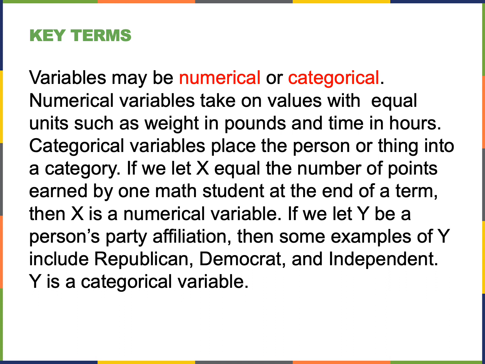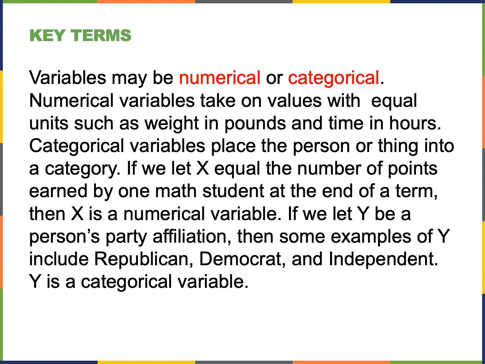Variables can be either numerical or categorical. So this is important. Their definition is in the name, right? Numerical variables take on values with equal units, such as weight in pounds or time, and categorical variables place the person or thing into a category.